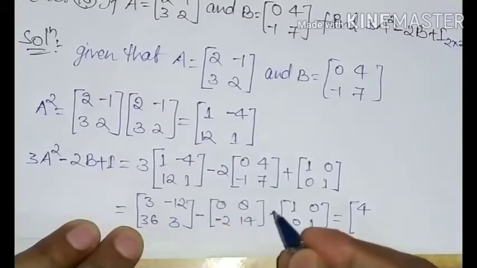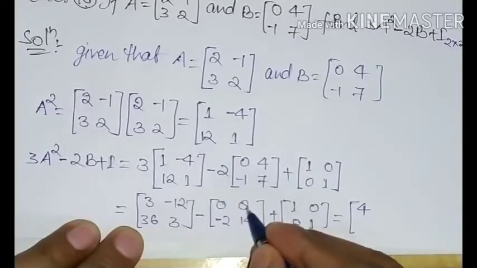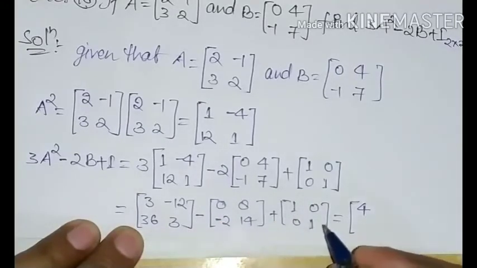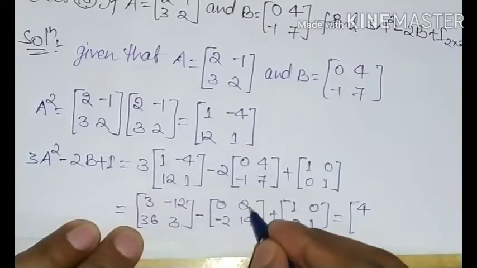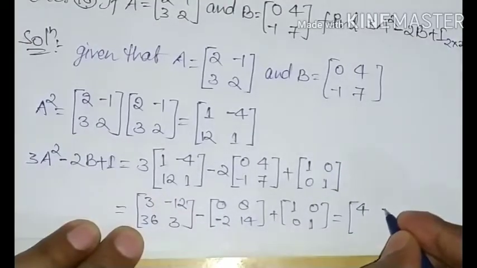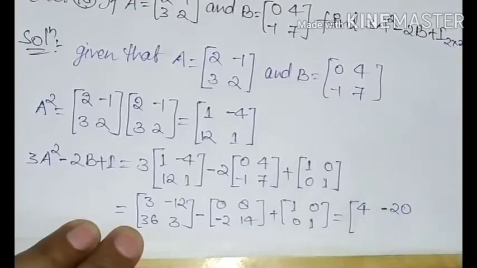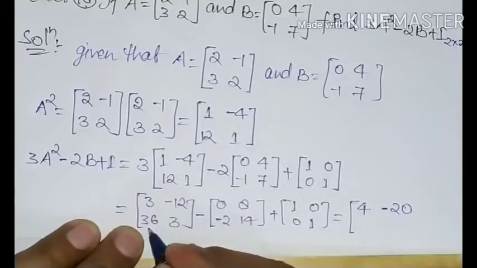Now minus 12 minus 8 minus 20, here will be minus 12 minus 8, it will be minus 20, minus 20, here is 36.